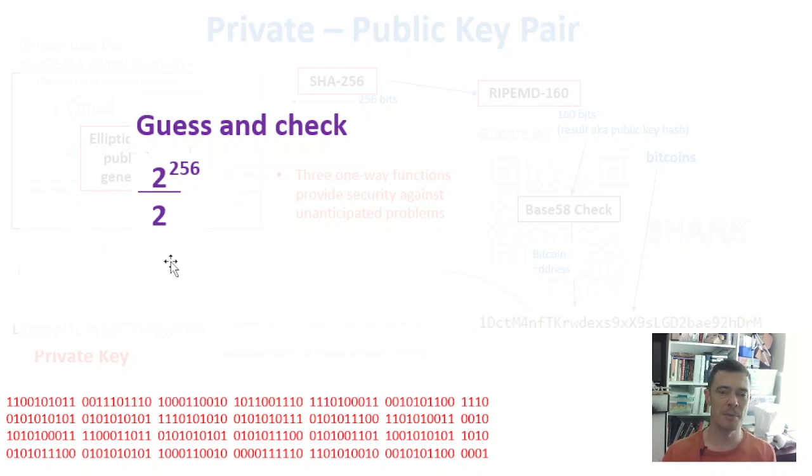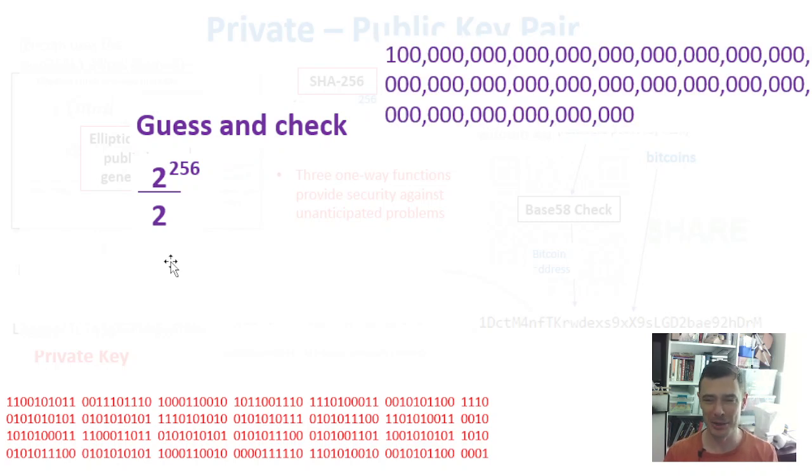And this is about the number of atoms in the universe. This is a ridiculously large number, and the size of this number is beyond comprehension. Guessing and checking is the same thing as buying a Powerball lottery ticket every day and then winning the Powerball 9 times in a row.